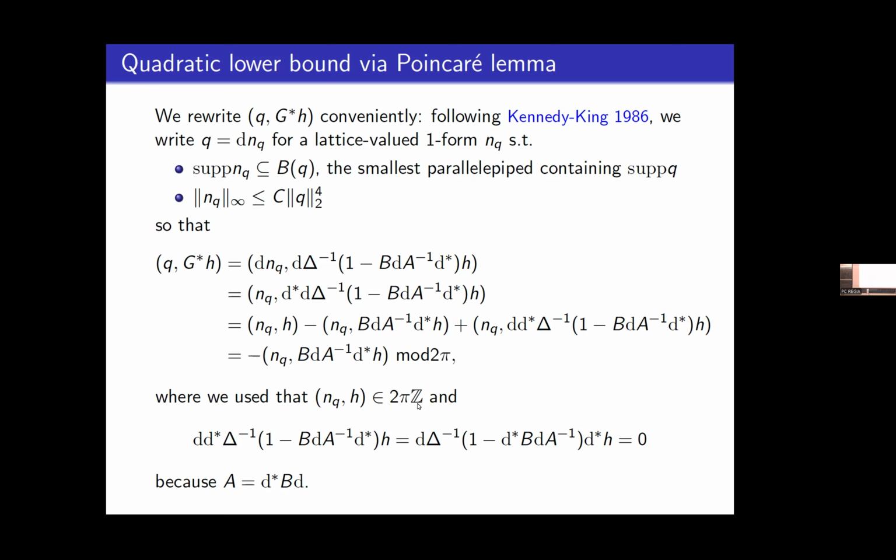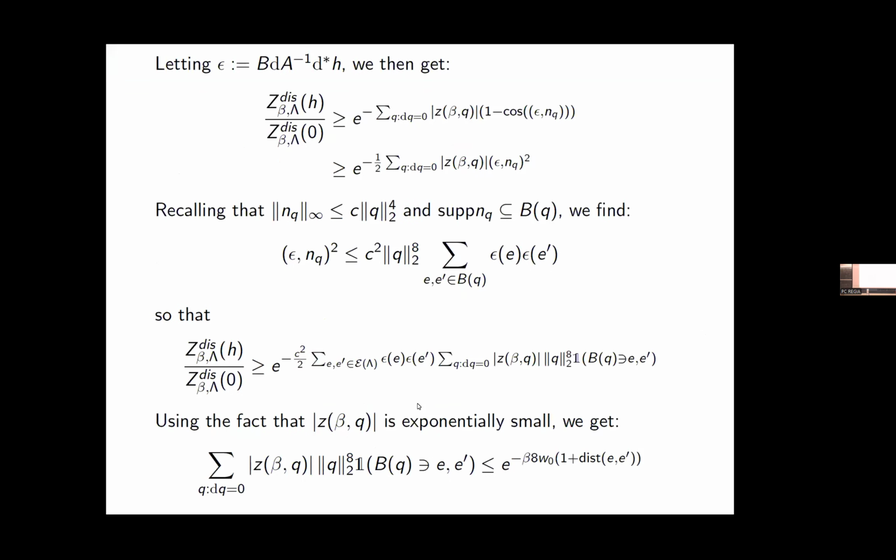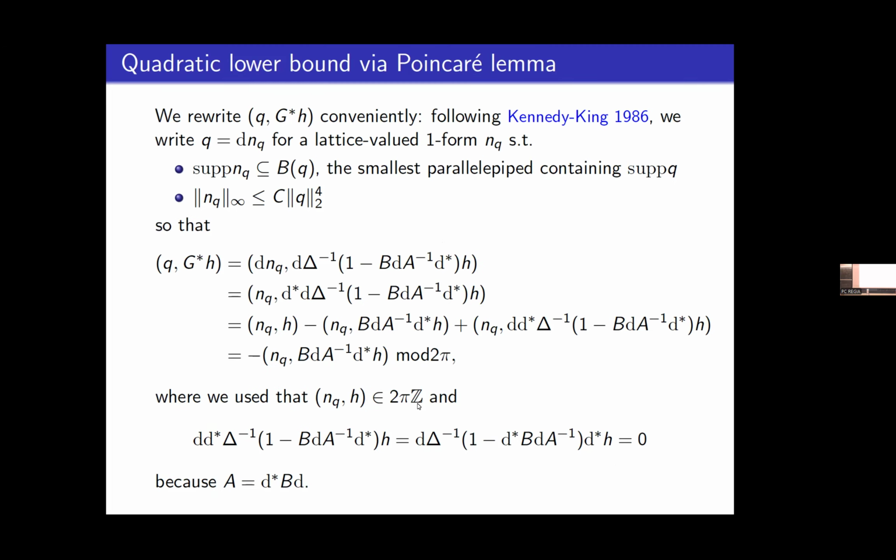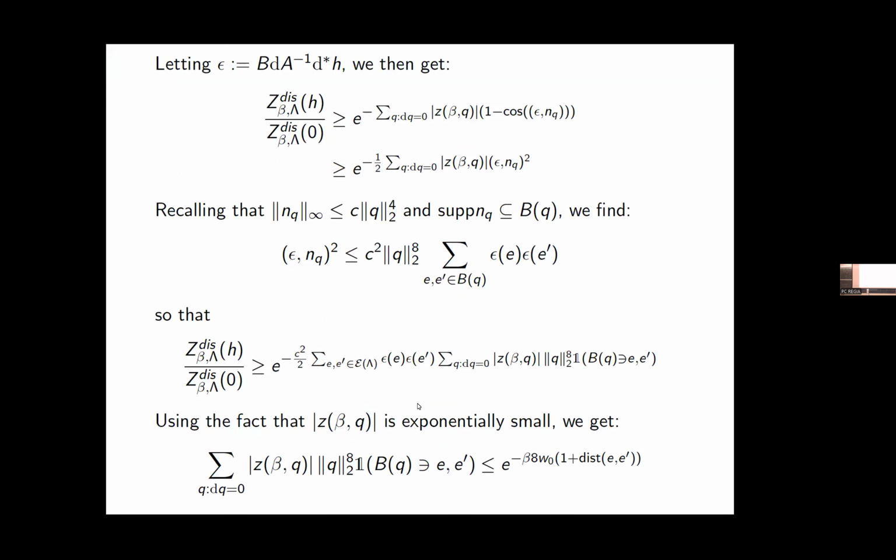So this is an integer multiple of 2 pi. So this is 0. This can be dropped for the purpose of computing the cosine. And so we are left with cosine of just NQ times this ugly thing here. So this ugly thing here is called epsilon, because it will come back.